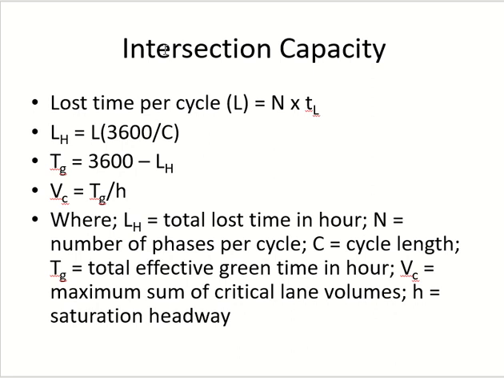Number of cycles. Number of cycles in 1 hour. So L was for one cycle and 3600 upon C means number of cycles in 1 hour. So L into this will give you loss time for the entire hour.